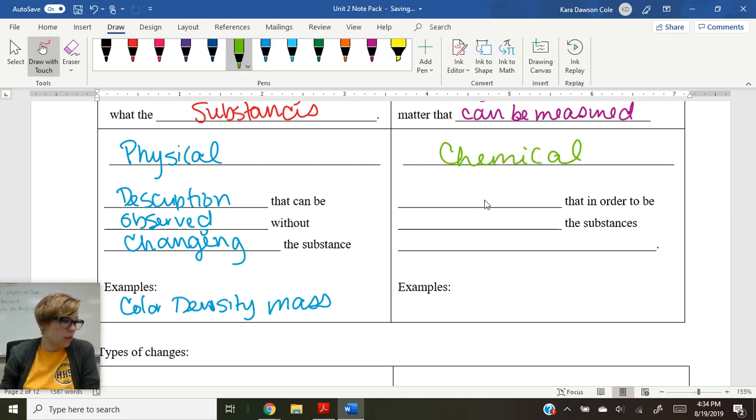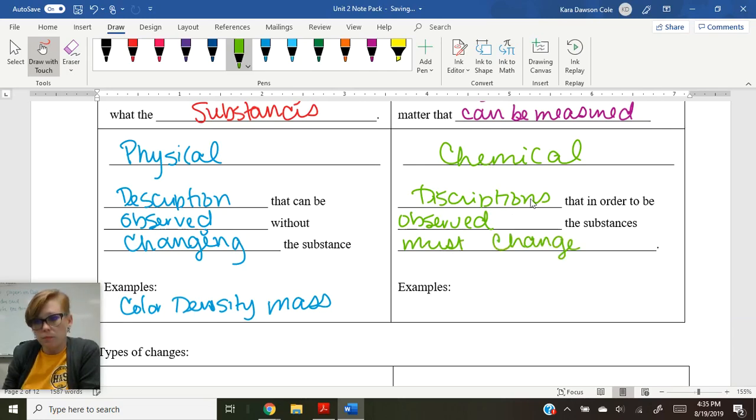So these are descriptions that, in order to be observed, the substance must change what it is.